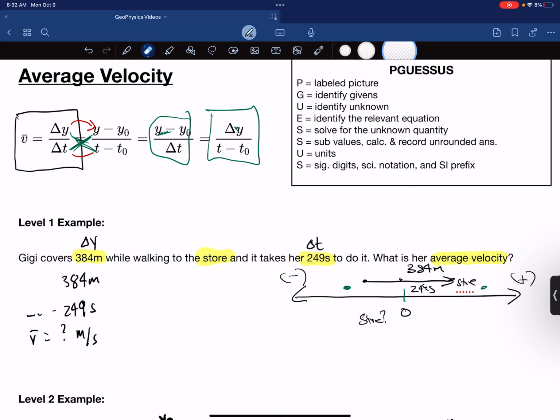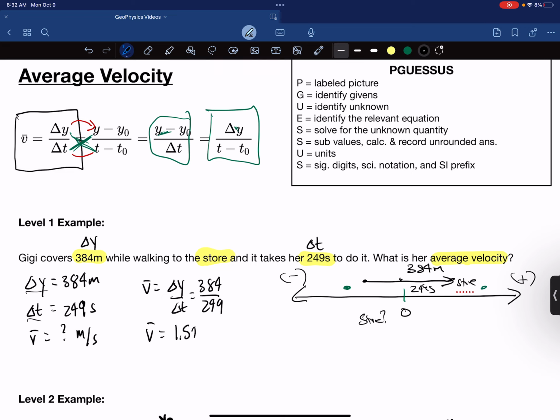Since we're given delta y and delta t, we would use the first version of this equation. So average velocity is delta y over delta t. We put in 384 over 249, and we end up with 1.5421686 meters per second.